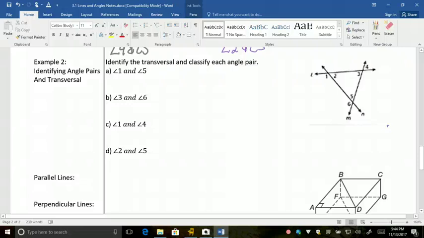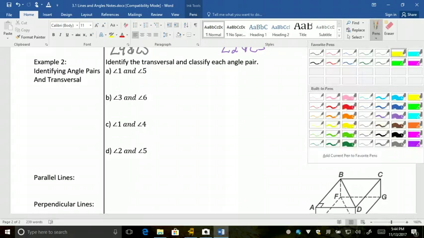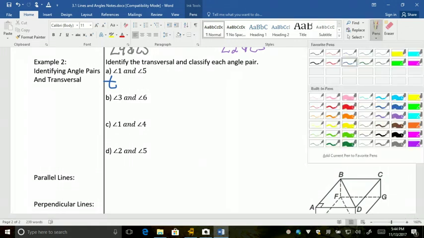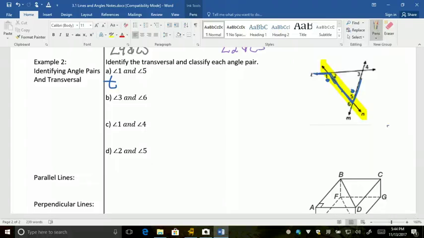So for letter A, they gave us angle 1 and angle 5. Both of those are on line N, angle 1 and 5. So I know that my transversal for this problem is N. Now, when I trace angle 1 and angle 5, I see a funky looking Z. I also know that if N is the transversal, then my exterior angles are here and here.